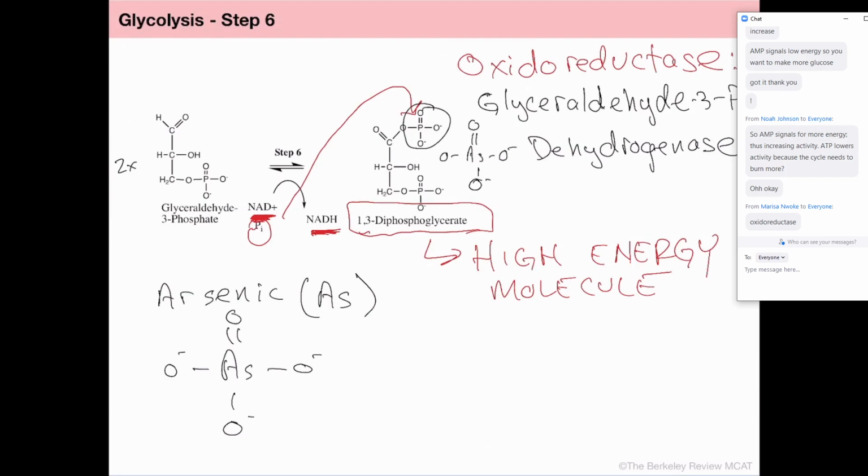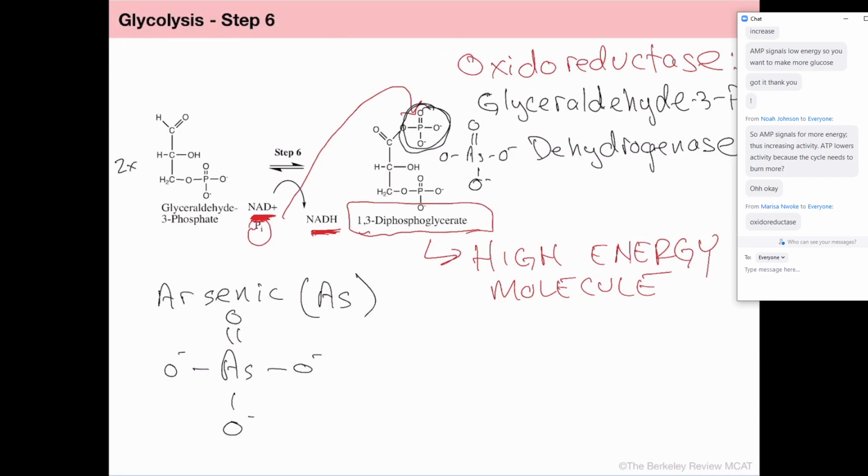And why that is significant is because later in glycolysis, you're not going to be able to recover ATP. You're not going to have a net gain of ATP because you have arsenic instead of a phosphate group. So this is why arsenic poisoning is so bad. It's a futile cycle. You won't get your energy output back.